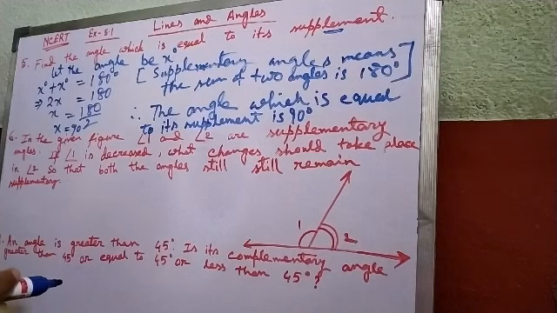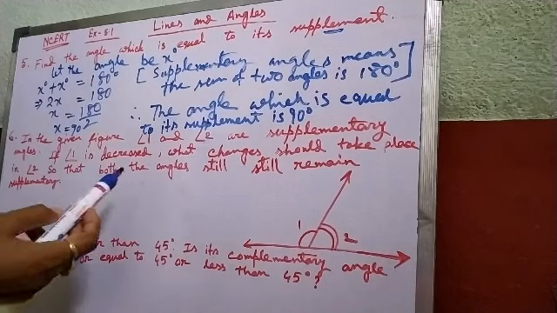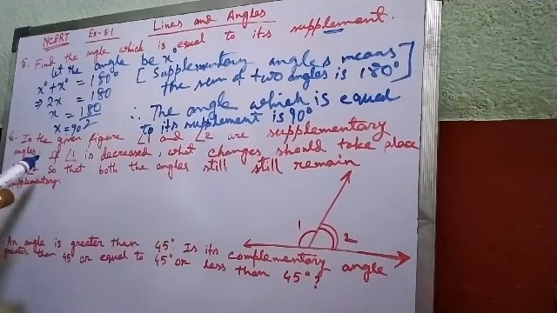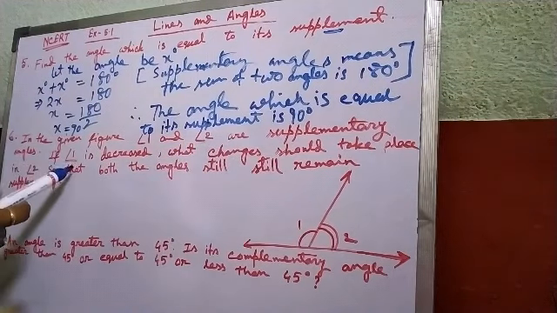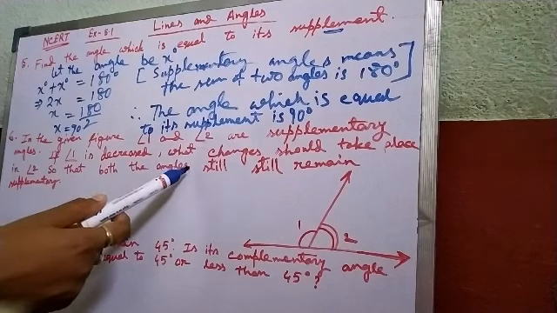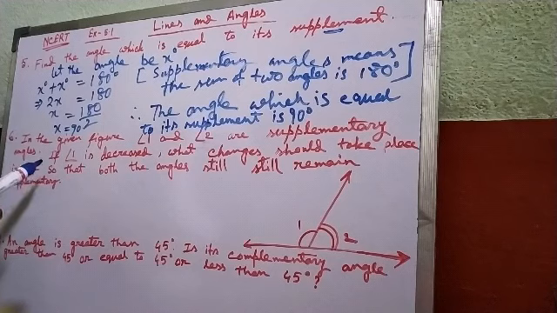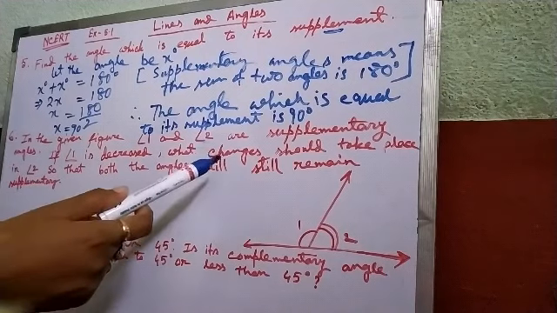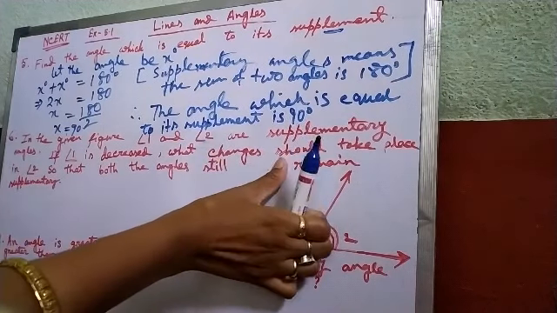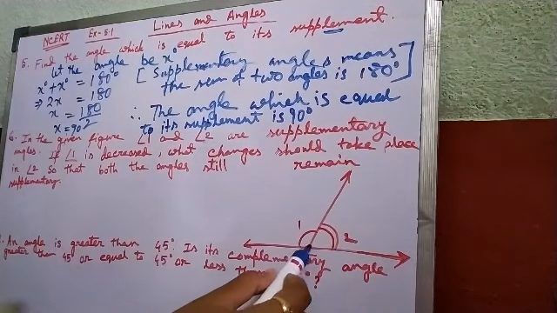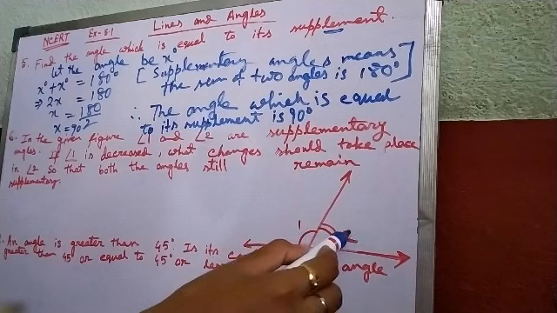Now coming to question number 6. In the given figure, angle 1 and angle 2 are supplementary angles. If angle 1 is decreased, what changes should take place in angle 2 so that both the angles still remain supplementary? Here this is the figure, this is angle 1 and this is angle 2.